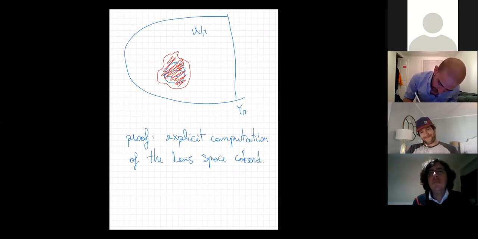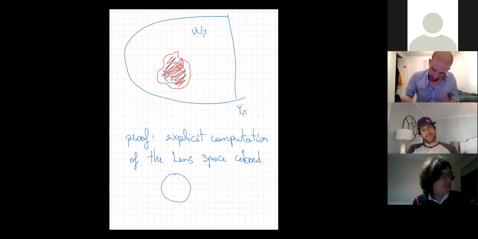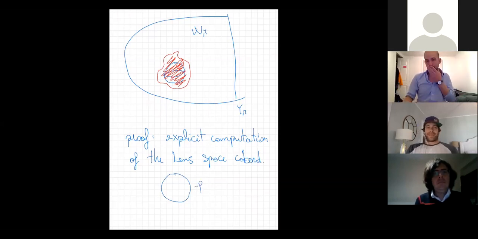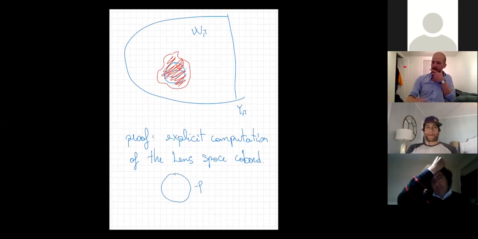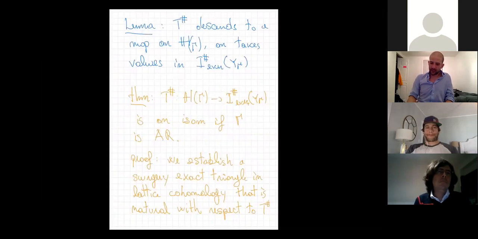These are the simplest ones, so you have a knot with framing minus b. And once you compute these maps, then you can prove that the relations are satisfied, and then you can go on with the 5 lemma, and that's it. So this is what I wanted to say.